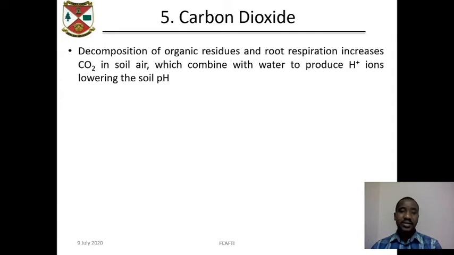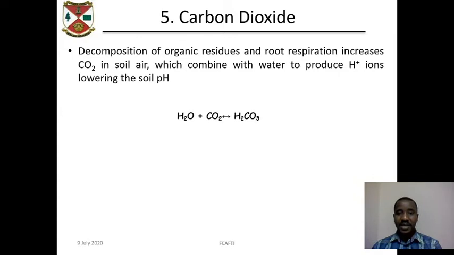In other words, when organic matter decomposes in soils, that process will release carbon dioxide, and when plant roots respire, they will release carbon dioxide. Unlike humans, plants release oxygen through their leaves, and they release carbon dioxide through their roots.